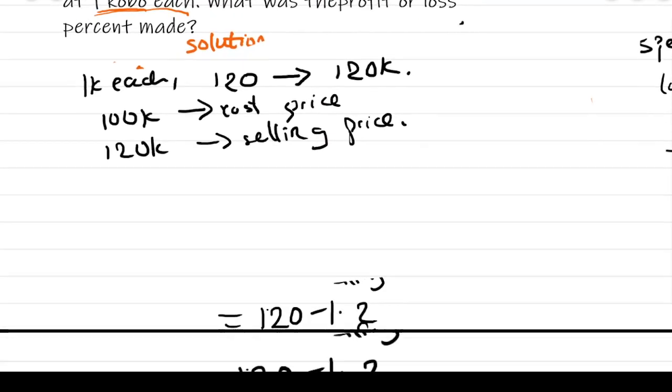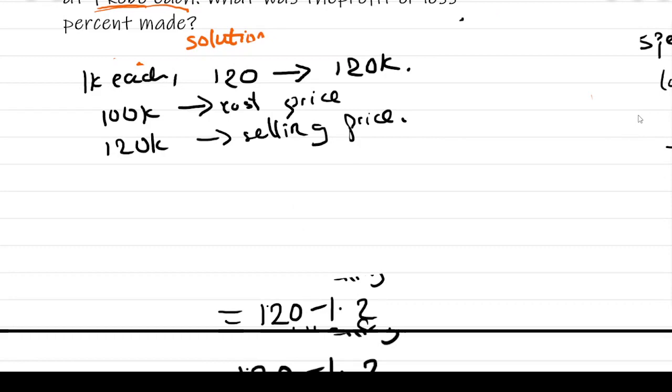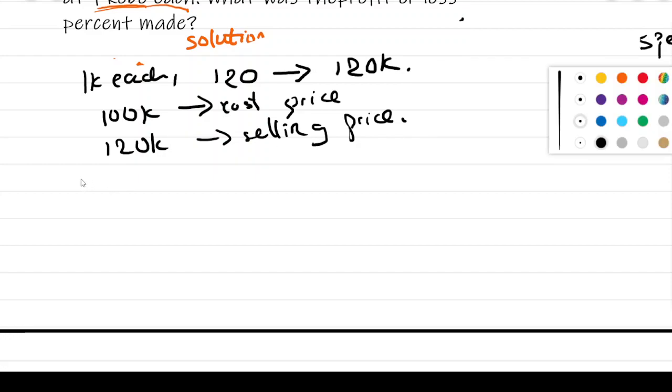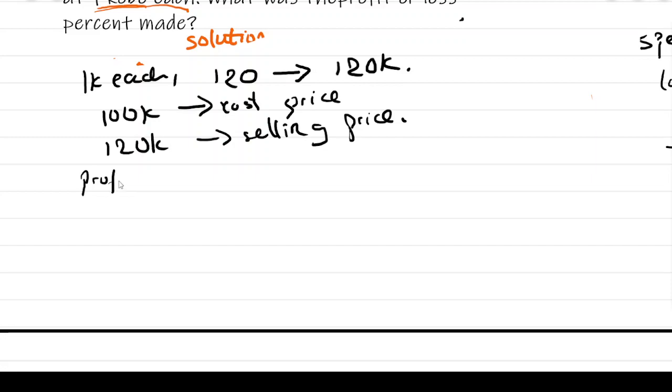So therefore, let me wipe this out. The profit we made is equal to the selling price, because we made a profit, minus the cost price.